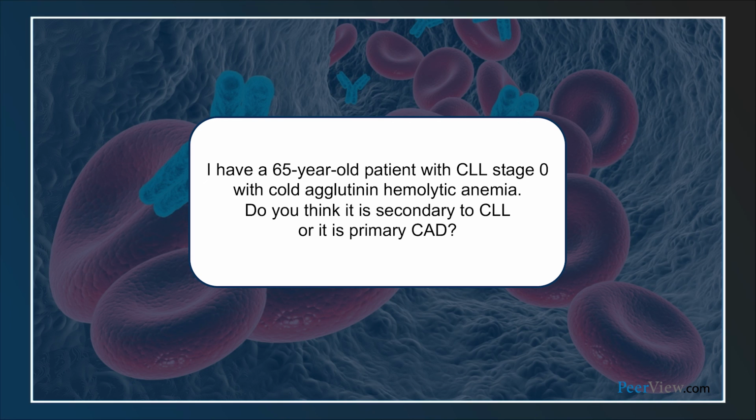It's the hemolytic disease that should be treated in that patient, and I think to treat the patient as primary CAD will work perfectly well if you choose sutimlimab or B-cell-directed treatment, depending on the patient characteristics.